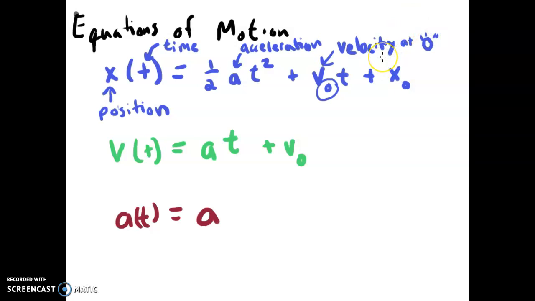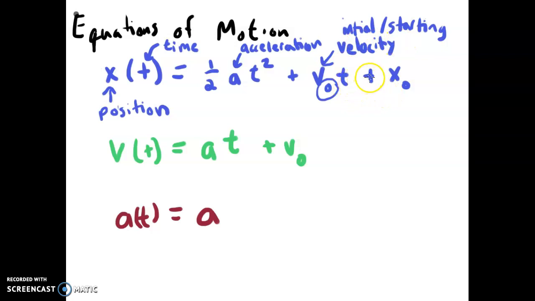Or said a better way, it's the initial or starting velocity. Okay, so this is the initial or starting velocity. And when I give an example, I'll go into a little bit more about what I mean.